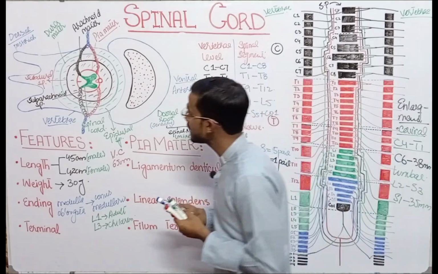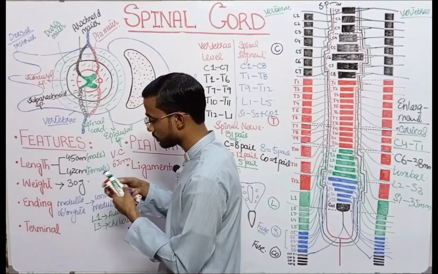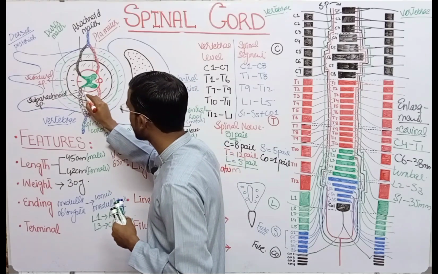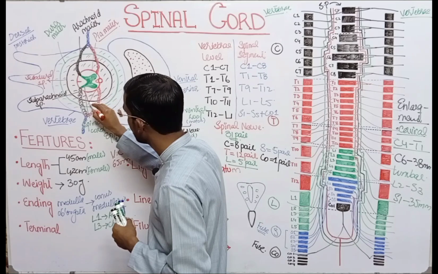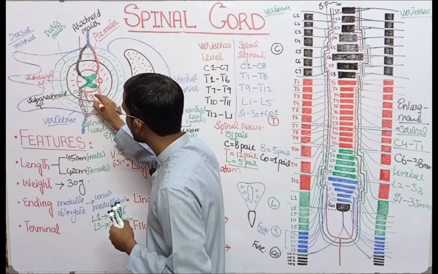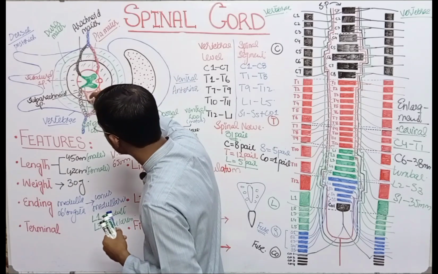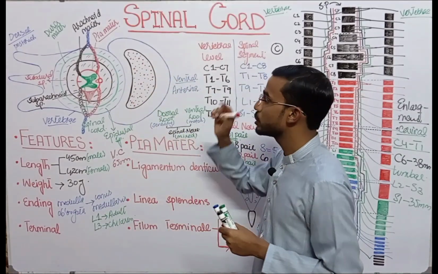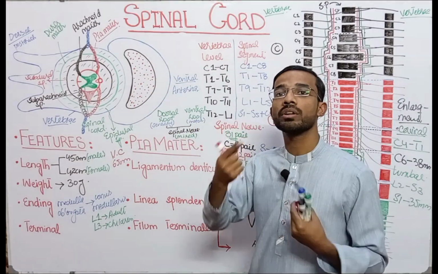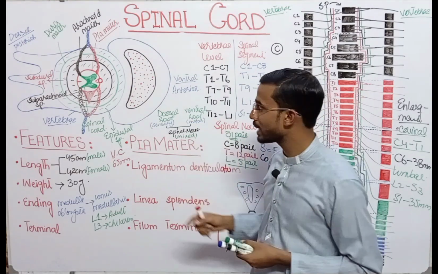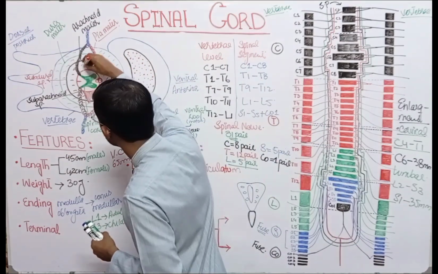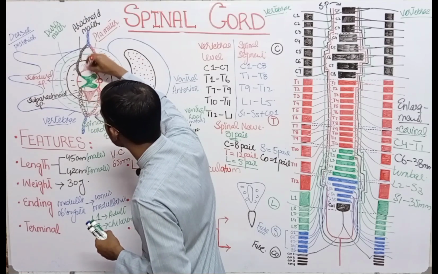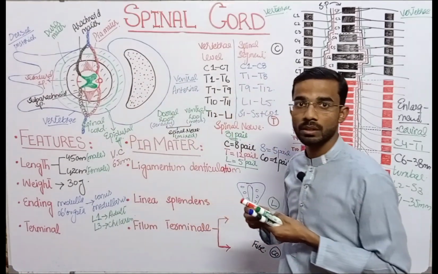So here you can easily understand that this is the pia mater, and from the pia mater you will see different fibrous bands arise and join to the arachnoid or dura mater, on both sides, and they actually support the spinal cord.